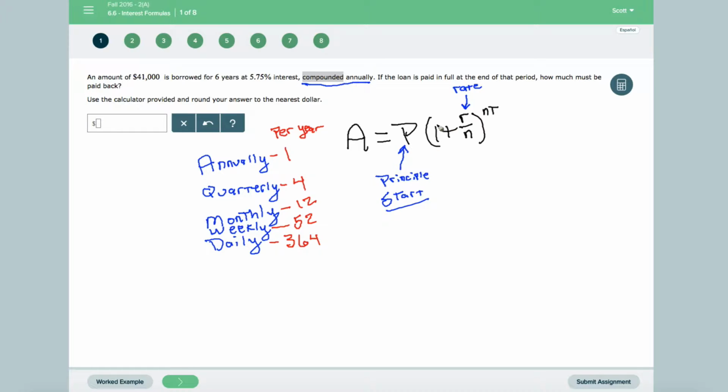So let's go through this. Now the N is the number of times it's compounded every year. If it's annual interest, and it almost always is APR, or annual percent, that's the number of times per year.